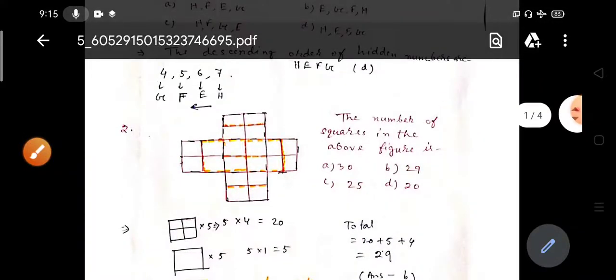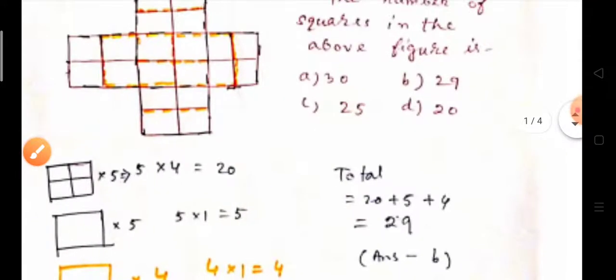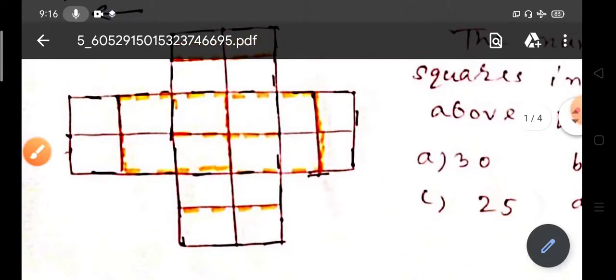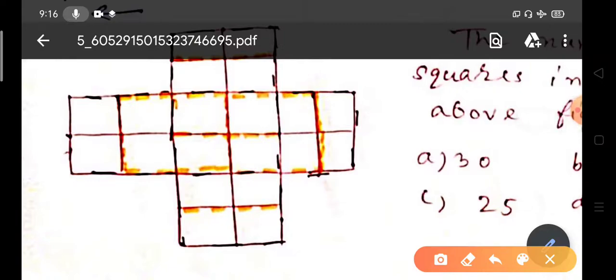So I think you can understand this. Let me zoom in so that you can understand. So these are the 5 individual boxes which we count as 5 into 1. Then within one box there are several boxes. I want to tell you these are square boxes. So within one box there are 4 squares, and there are 5 boxes in total, so 4 into 5, that is 20 squares.